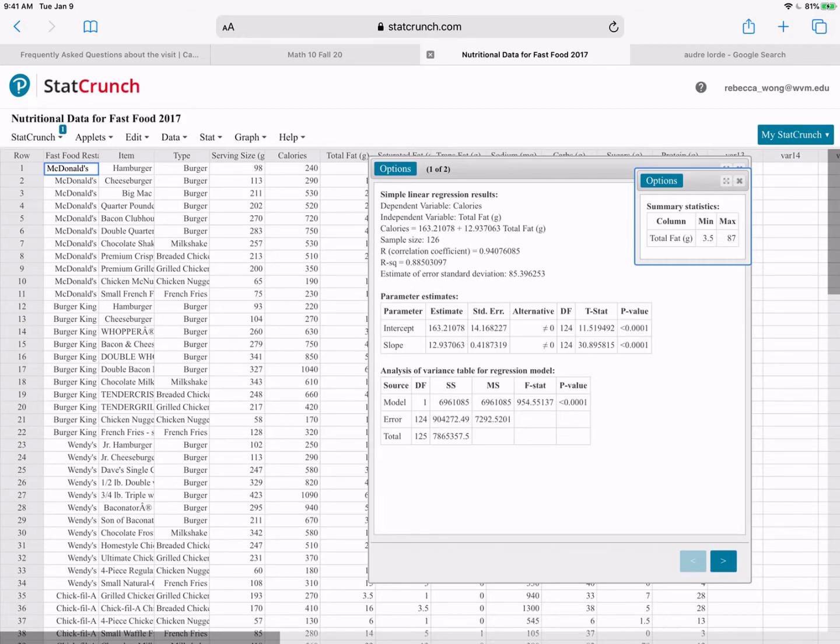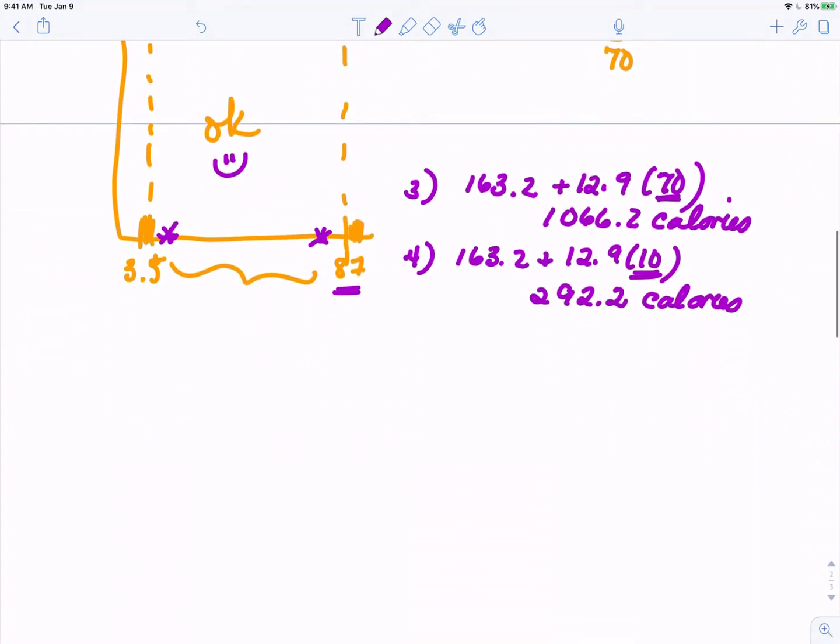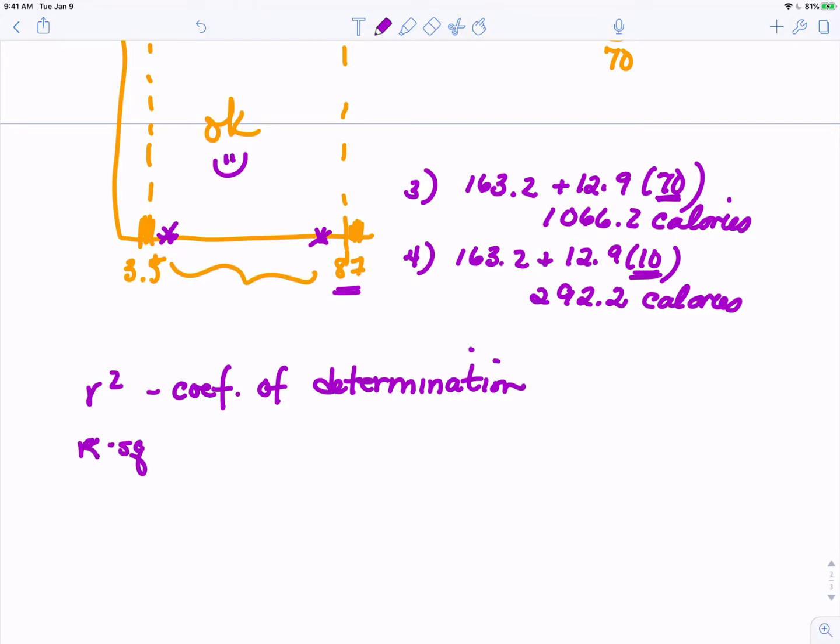So let's go back and talk about what that means. Your r squared value is your coefficient of determination. In StatCrunch, it's abbreviated RSQ, so that's how you see it in StatCrunch.